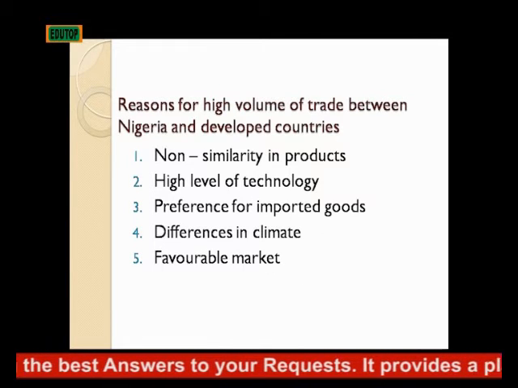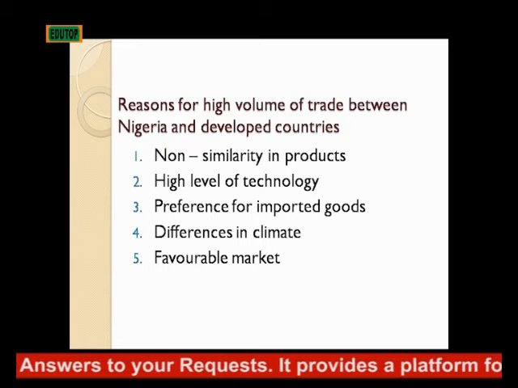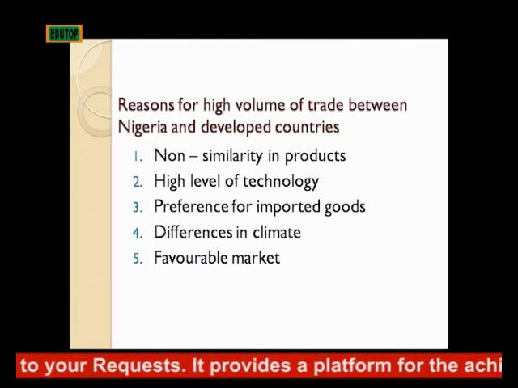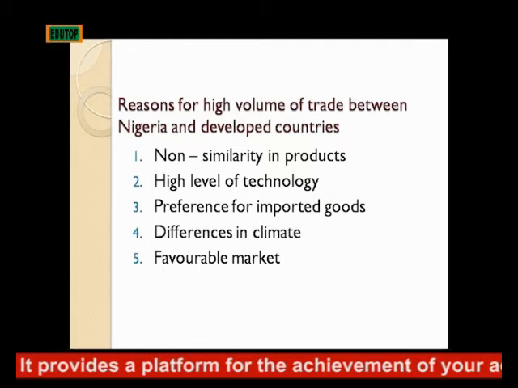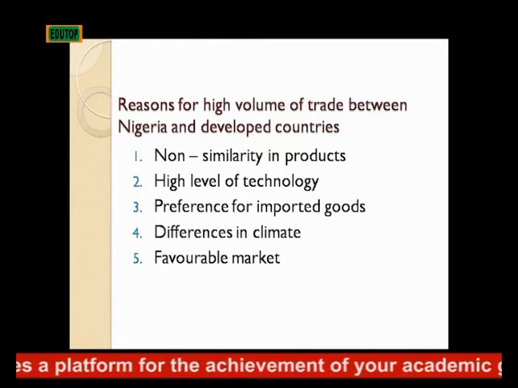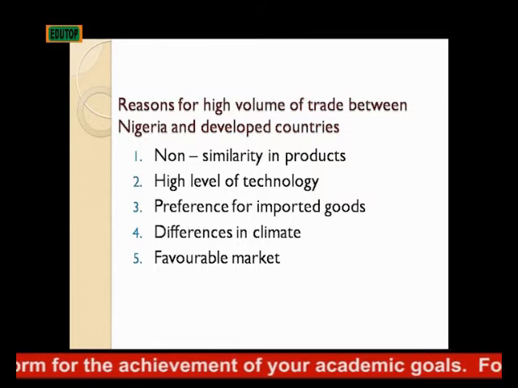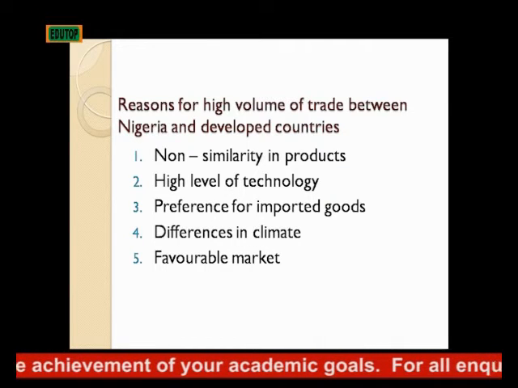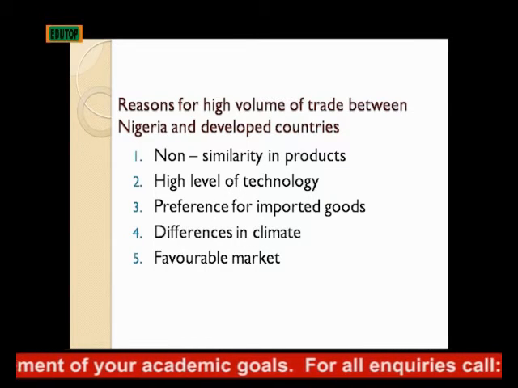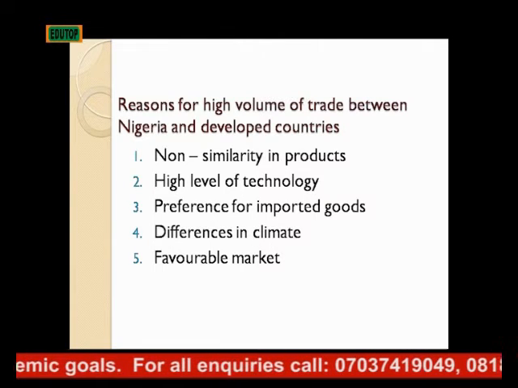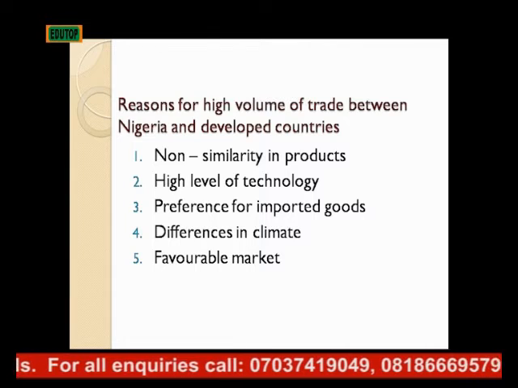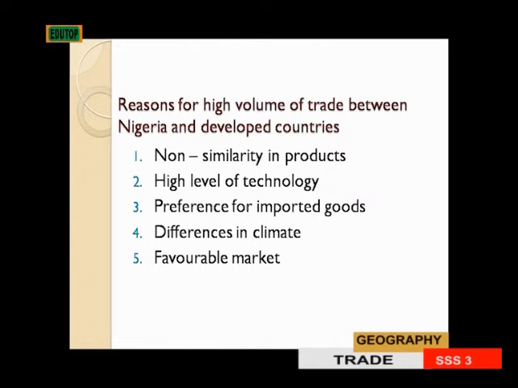Now let's look at the reasons for the high volume of trade between Nigeria and developed countries. Why do we have a large volume of trade between Nigeria and developed countries? One reason is that there is non-similarity in products. Most of the products they have are not what we have, and as a result, this will lead to demand for what they have.